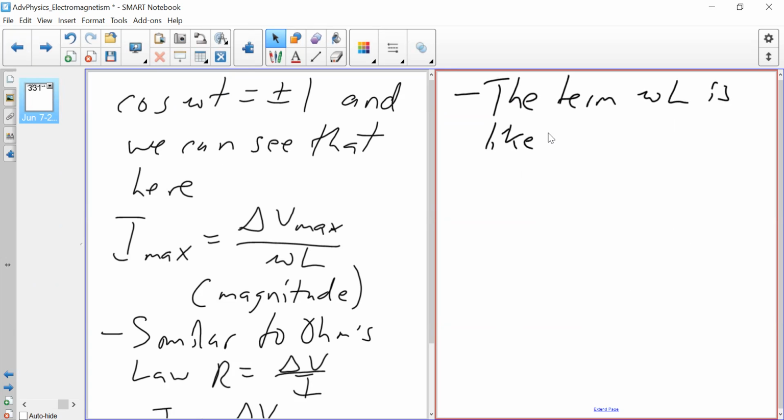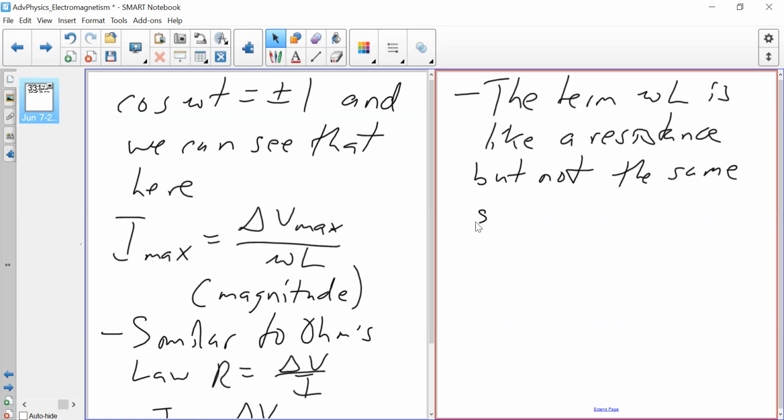Similar, like a resistance, since it is an inductor.